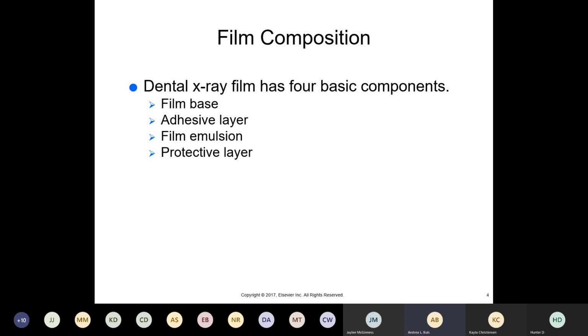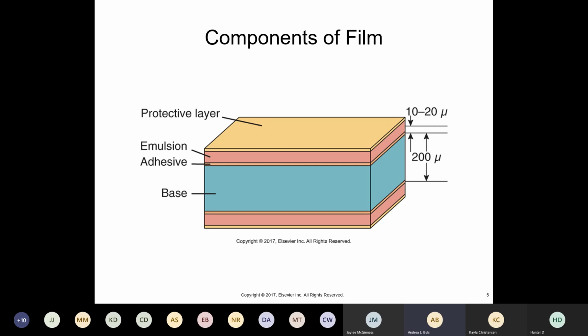First, there's the base. Then there's an adhesive layer on both sides of that base that helps that emulsion stick to both sides for intraoral film and extraoral film. And then there's a protective layer placed on top of that to help prevent scratching. If you were to look at a piece of film, this is kind of blown up, you can see that in the center, where it's kind of a bluish green, that is the base of the film, which is kind of a polyester.